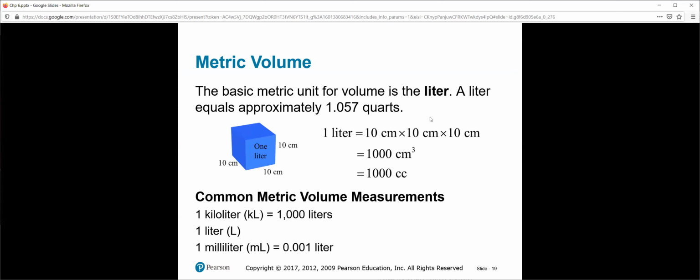Volume of weight, I said this already, exact same concepts here. A liter is the same thing as a cubic centimeter or cc, and it's the way you measure volume. 1 liter is 1,000 cubic centimeters or 10 centimeters on a side. Liters, 1,000 liters, and milliliters, 1,000th of a liter. Again, not difficult stuff to figure out. A liter is a little bigger than a quart.